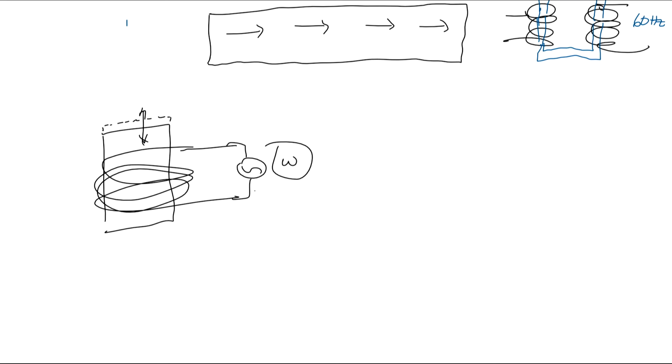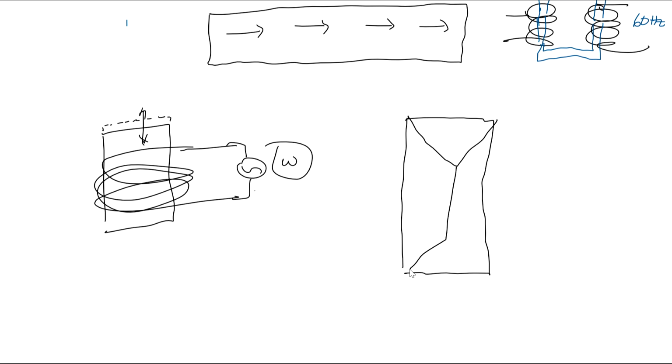Okay, so now going back to domains. These are the domains, and we learned how they form. By the way, if you go back to the closure domain, that is the closure domain in iron. This way, that way, that way, that way.